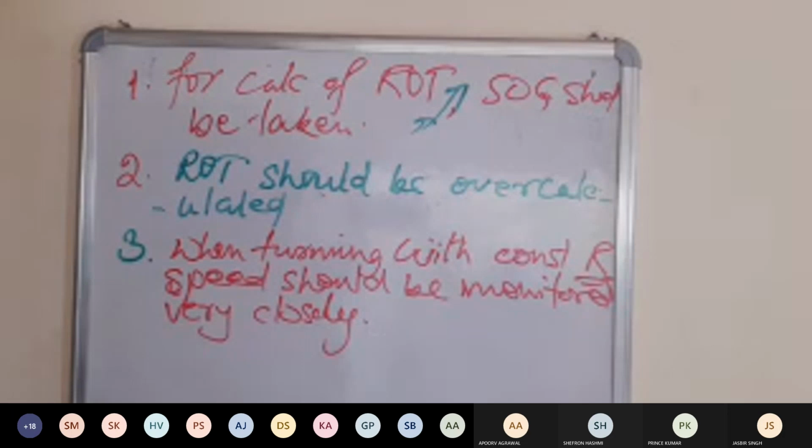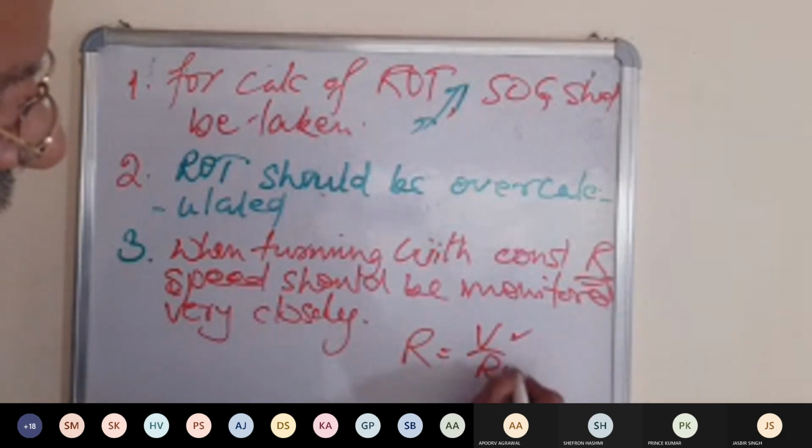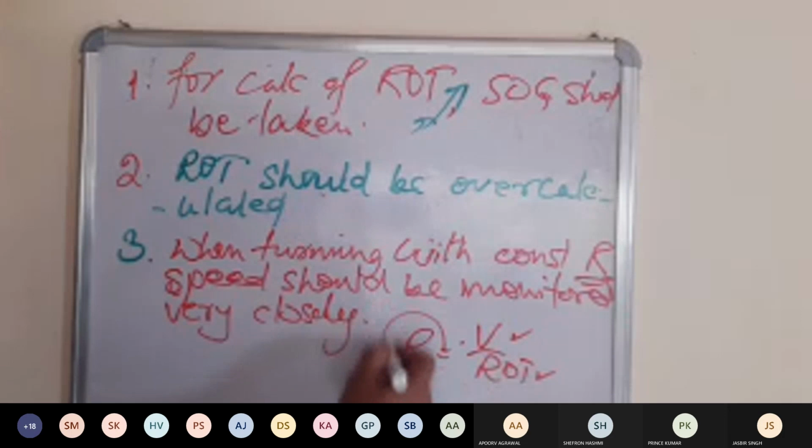Remember that when the ship is turning, the speed begins to drop. If we want to maintain the radius constant, if V is changing, I must also change ROT in order to get a constant result.